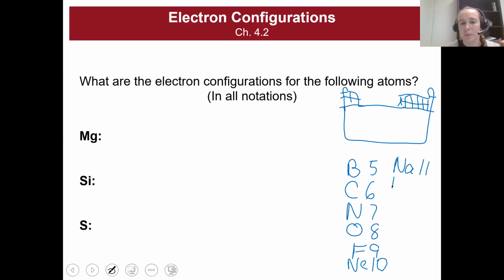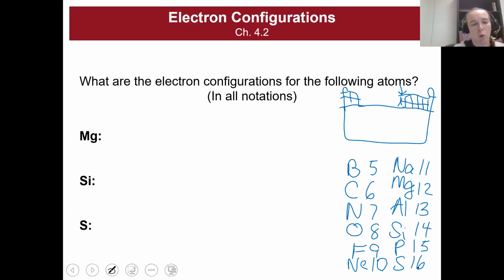What's next to sodium? Magnesium, I'm pretty sure. And then over on the other side, over here in group 13, we've got aluminum. And next to aluminum is silicon. Next to that is phosphorus, 15. And finally, sulfur, number 16. Okay, cool. So sulfur is atomic number 16.